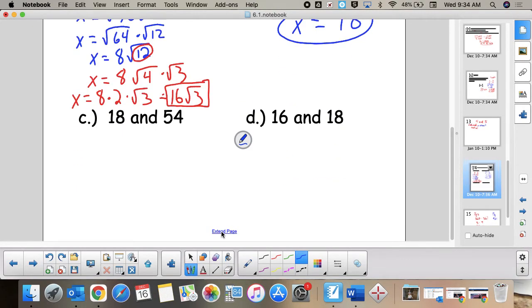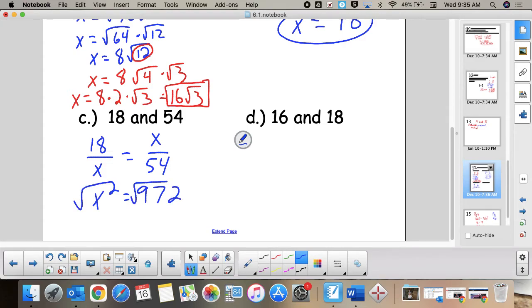All right, taking a look at C then. 18 over x, x over 54. Cross multiply. X times x is x squared. 18 times 54 is 972. Then we take the square root of each side.